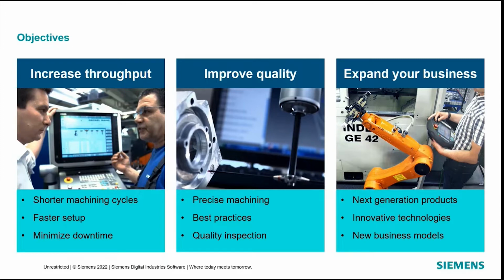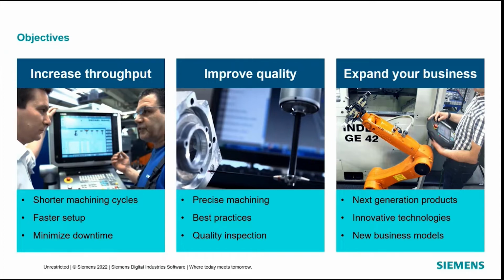And then, of course, improving quality helps you win more business. Everybody wants quality products at a great price. And then the ability to give some of that time back helps you expand your business into other areas. Some move into a new generation of products. Some start adopting more innovative technologies.